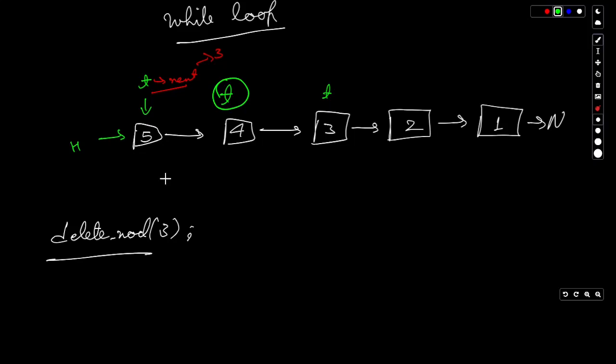So if temp's next is exactly equal to 3, which in this case is true, we will be taking this pointer and pointing it towards temp's next next, moving 2 steps ahead. Okay, and then all we need to do is delete this particular node.